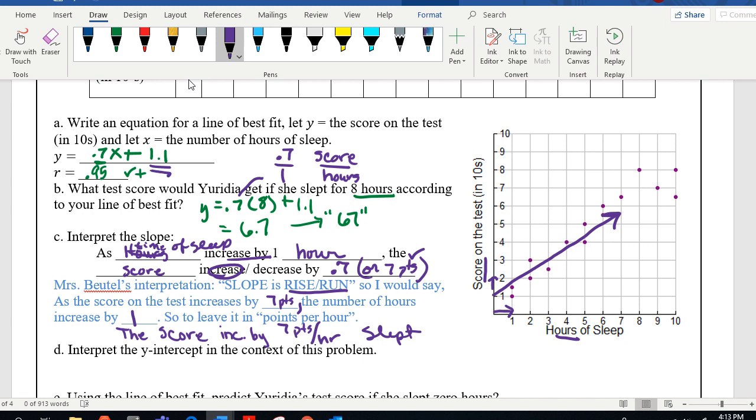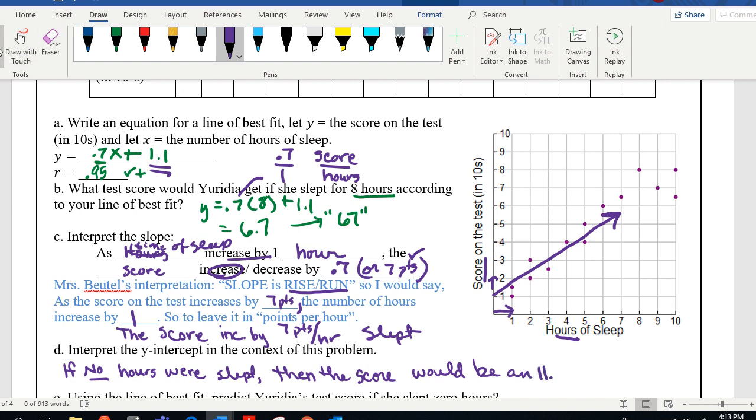So if no hours were slept, if you slept for no hours, then the score would be an 11 or 1.1 if you used it in the terms it was given.